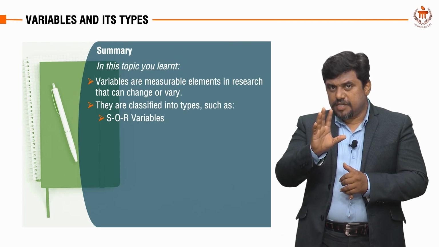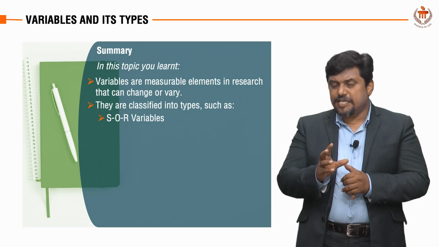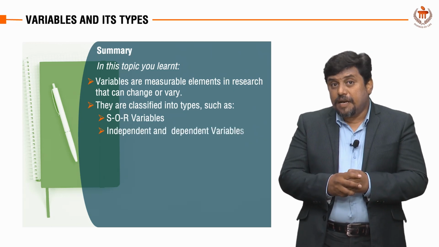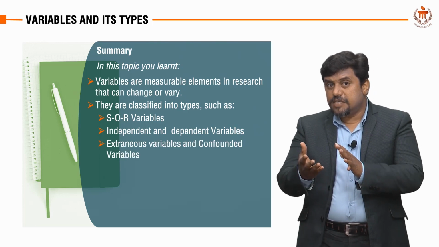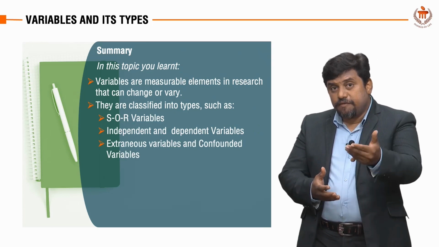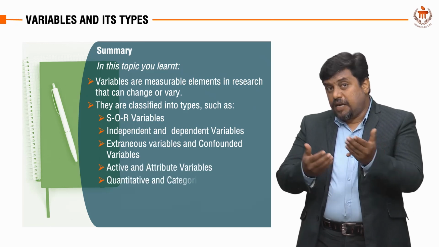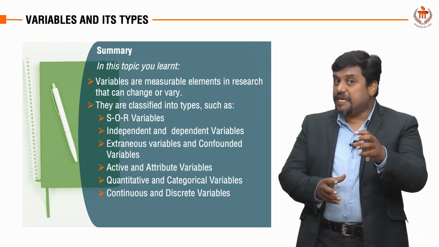Stimulus, remember what we discussed. Organism, what we discussed, as well as response. Next are independent and dependent variables, extraneous variables and confounded variables, active and attribute variables, quantitative and categorical variables, continuous and discrete variables.